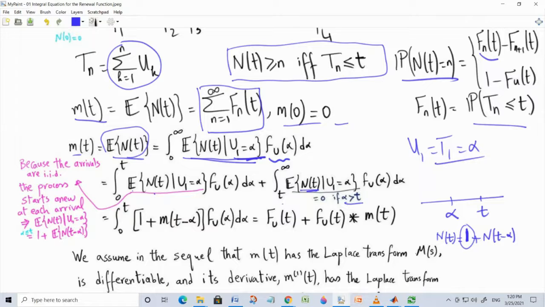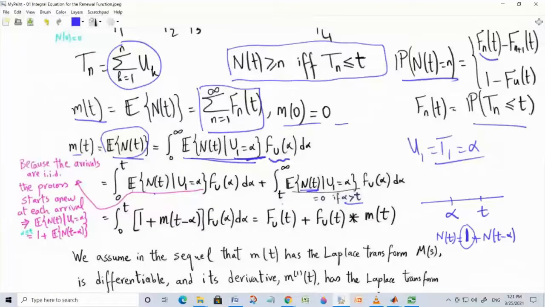Now here is the thing: in the definition of a renewal process, the next arrival will happen after a time that is given by the PDF of the inter-arrival time big U.